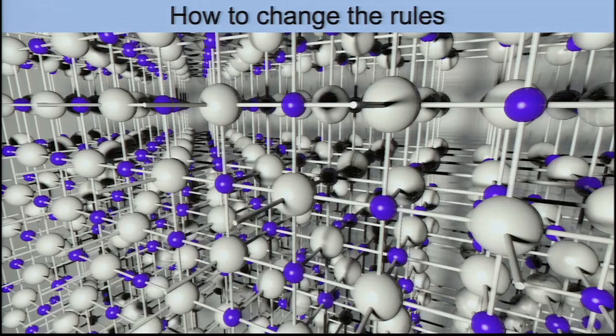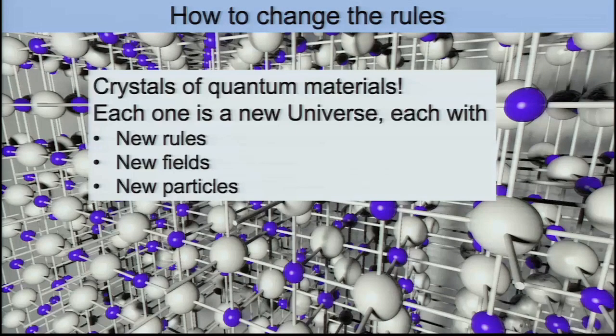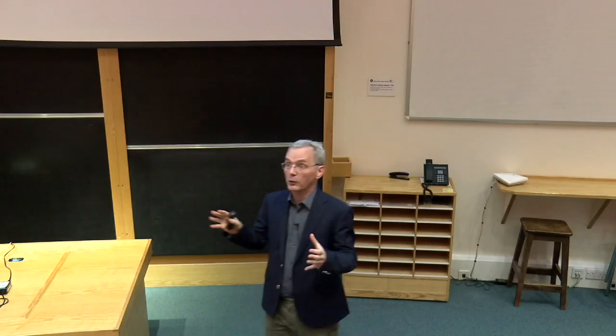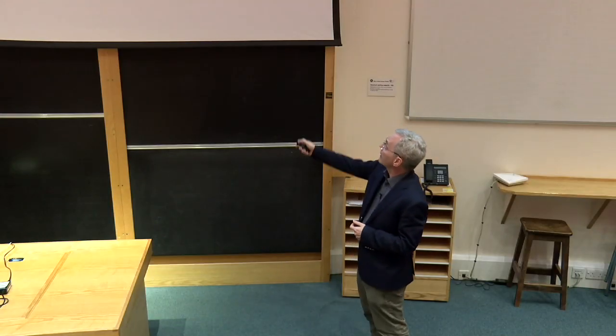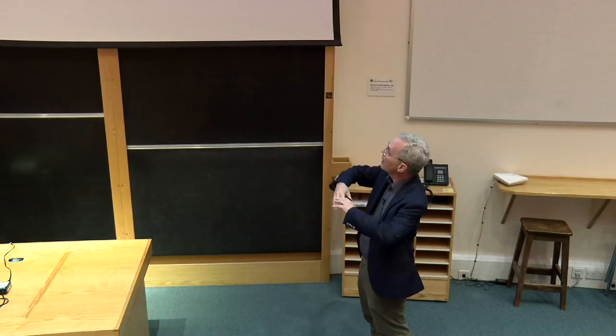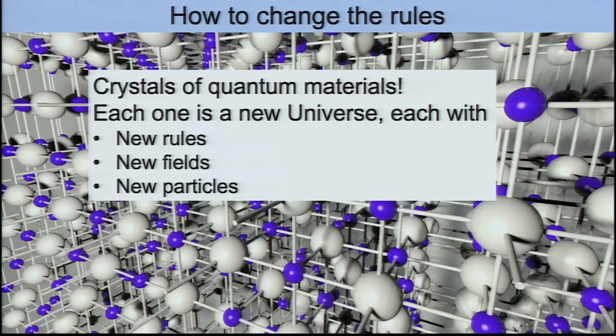And it turns out that there is a way to change the rules, and that is through quantum materials, unsurprisingly, given this is the Quantum Materials Symposium. And the thing about a quantum material, it's a crystal. Well, it may not necessarily be a crystal, but that's all I'm going to be talking about today. It's a crystal like this, with atoms fixed in a lattice, which is over an enormous distance on the scale of an atom, but maybe something that you can actually hold in your hand.